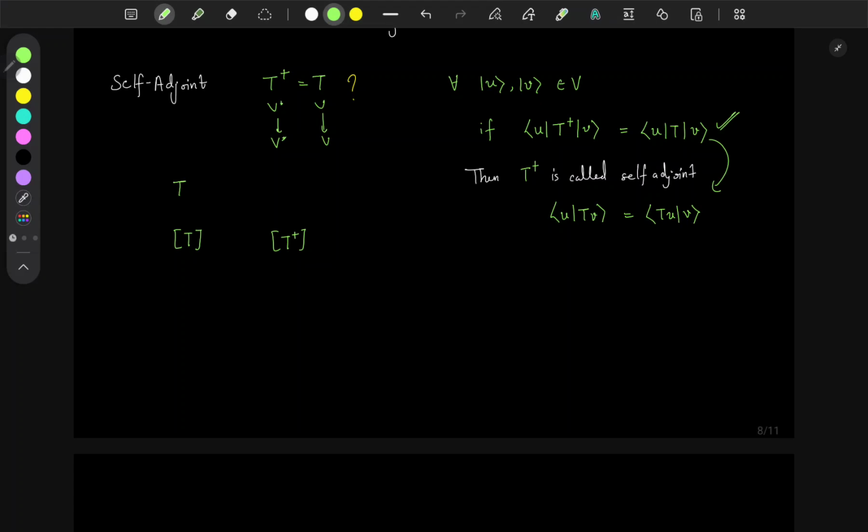This is a result I'm just directly stating: the matrix corresponding to T dagger is the Hermitian conjugate of the matrix corresponding to T, and this dagger notation is also used for representing the Hermitian conjugate. What is a Hermitian conjugate?